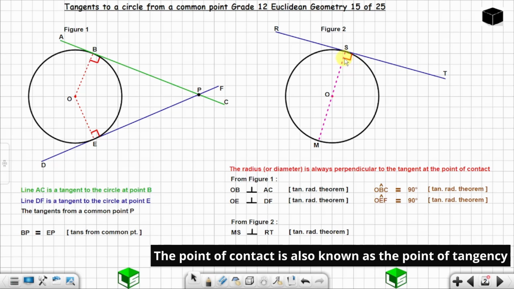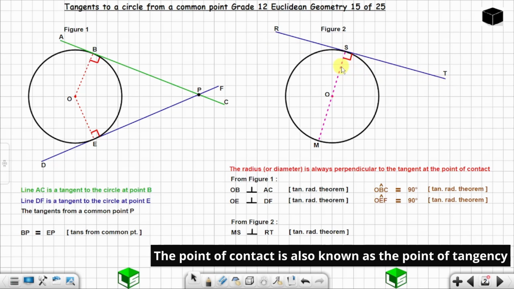This is why you have MS or OS perpendicular to RT. Remember, in a diameter you have 2 radii. This is a radius, this is another radius. So this is the reason why you have MS perpendicular to RT.